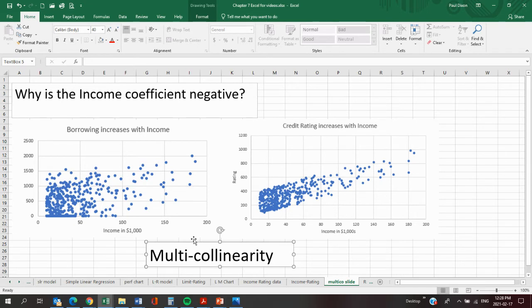But if I wanted to do causal analysis and try to explain why some people borrow more than others, I'd like to be able to separate out these two factors. In this instance, I can't do it. So this is like we saw with rating and limit, but not quite as extreme, but it's still a problem. And that was the problem we had previously.